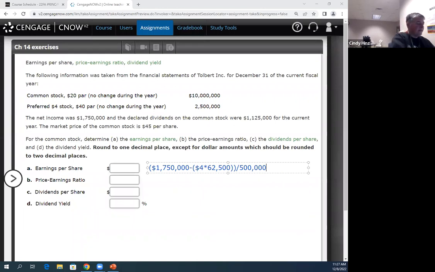So there's $1.5 million in earnings after paying the preferred dividends, divided by 500,000 shares. $3 per share. The earnings per share for the common stock, $3 per share.